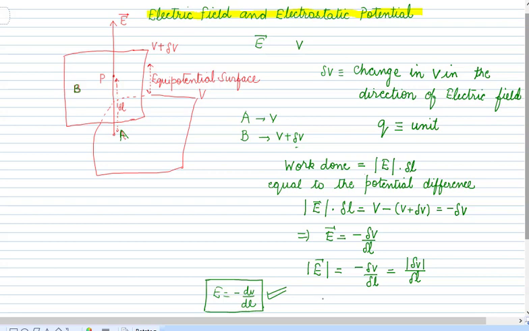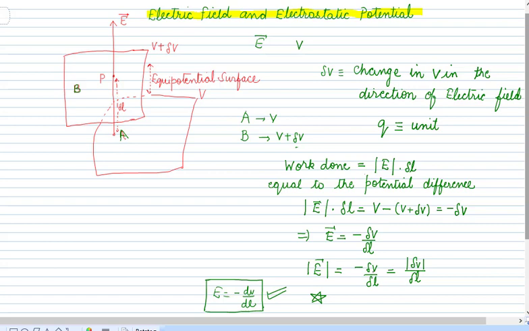Now what do we conclude from this? We easily conclude two points. First point is that the electric field is in the direction where the potential V decreases steepest. Because it is in the negative direction, the electric field will be in the direction where the potential V decreases steepest.